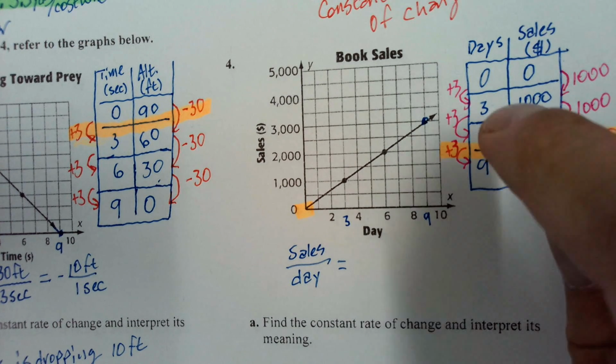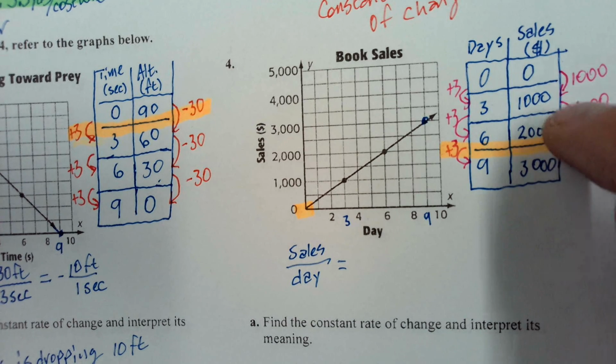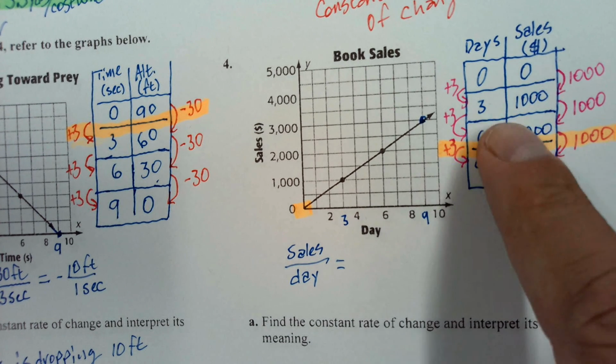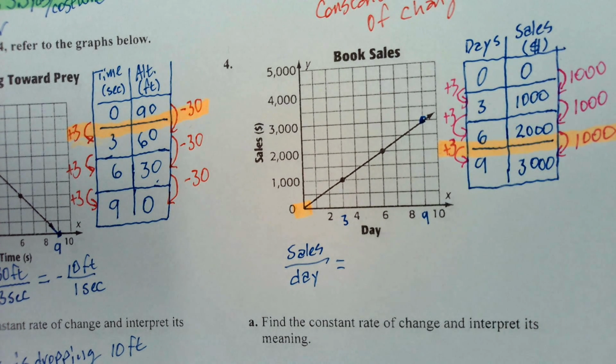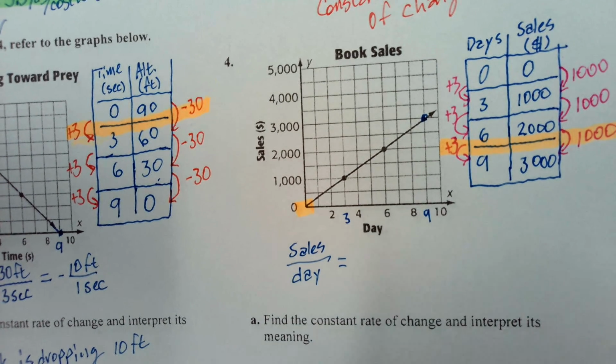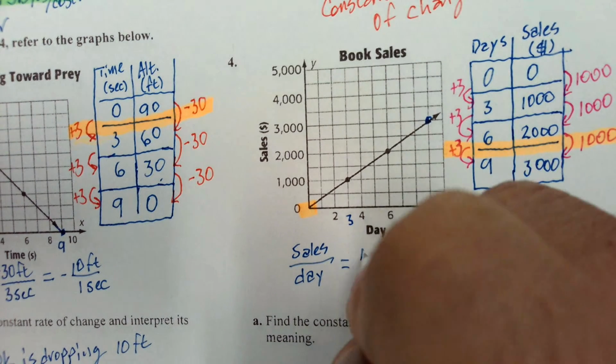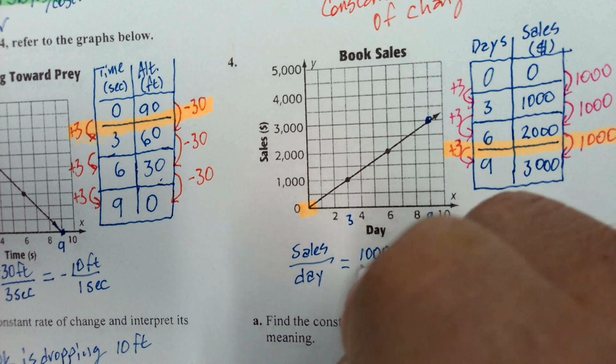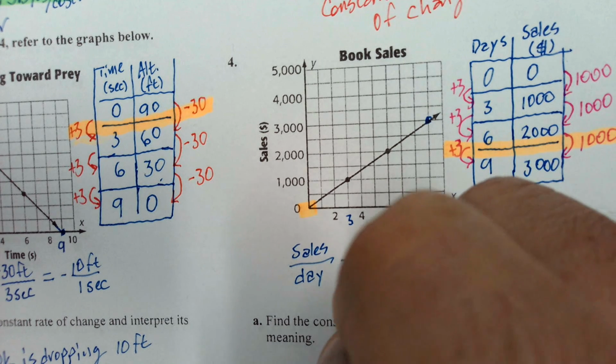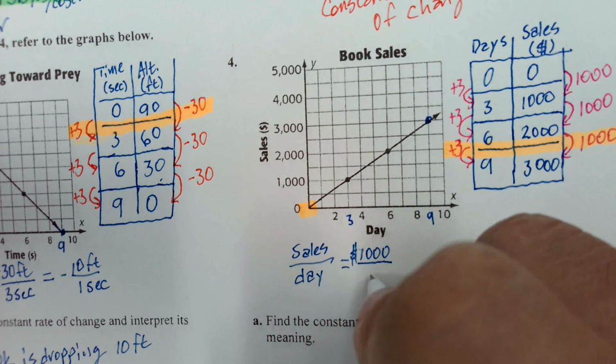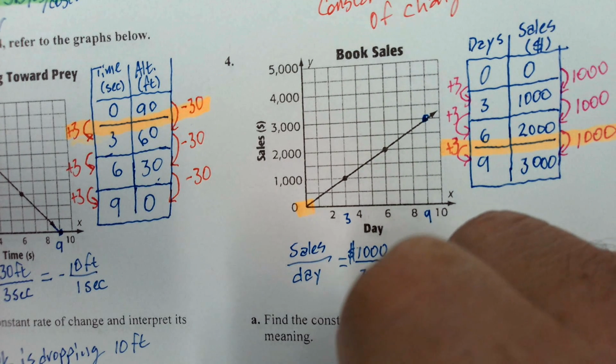When we went from 2,000 to 3,000 and from 6 to 9, our difference was $1,000 in 3 days.